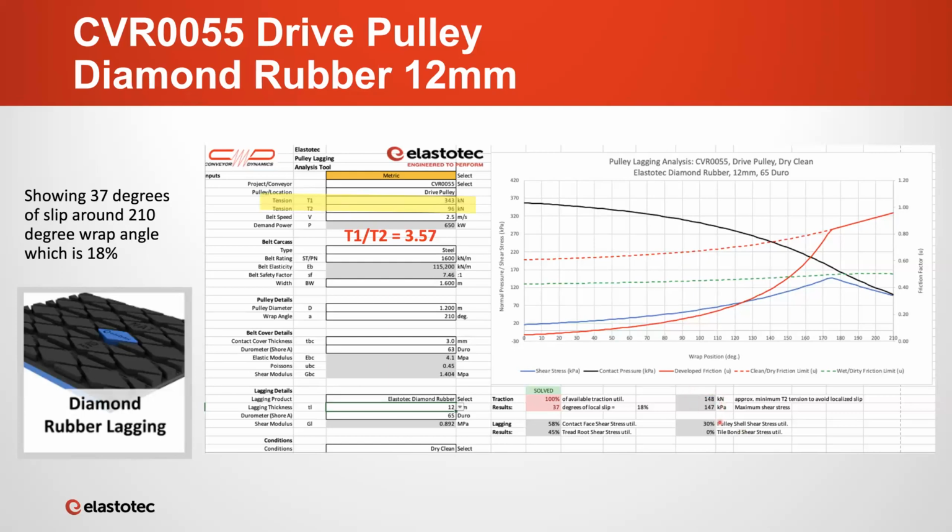And I want you just to keep an eye on these figures here, which we will discuss at the end when we do the summary. The first one is the minimum tension, T2 tension to avoid localized slip. And then the one below that is the maximum shear stress between the lagging and the belt.